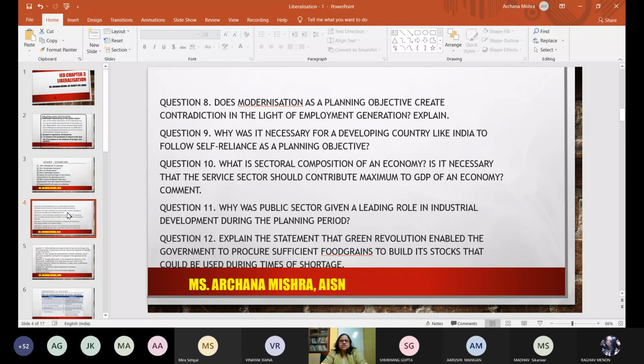And why should the service sector contribute maximum, children? As we have already discussed, the agricultural sector is narrowing down, and the service sector is expanding. The percentage of population employed in the sector is expanding, and it is contributing more now because of education, rise in skill education, rise in skilled people, knowledge economy.